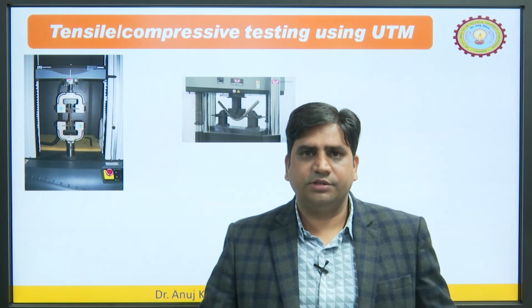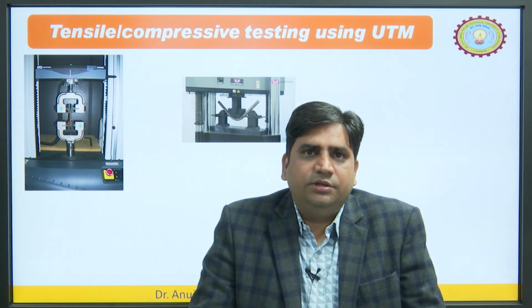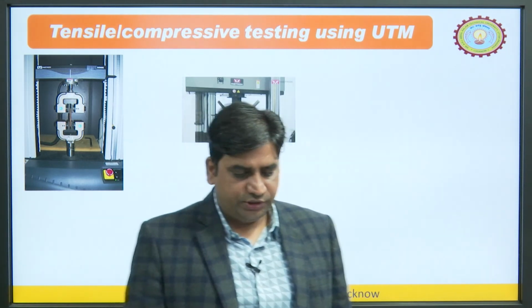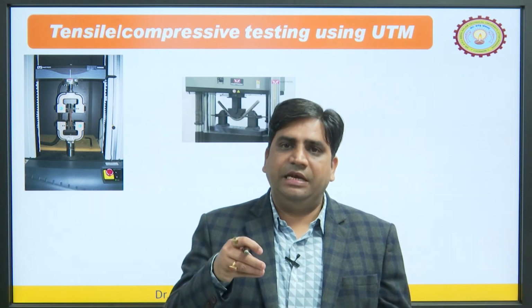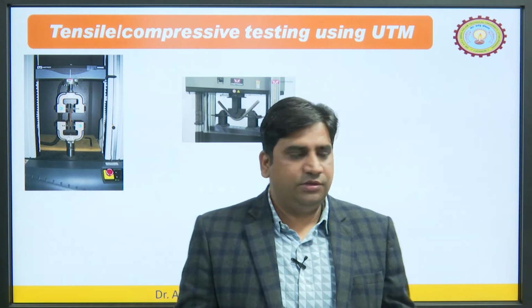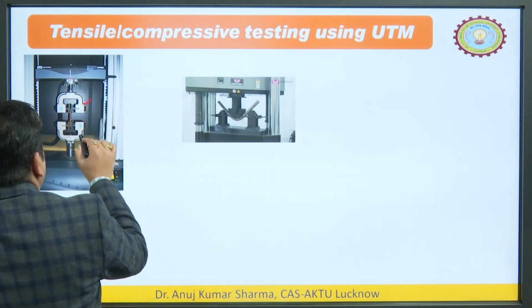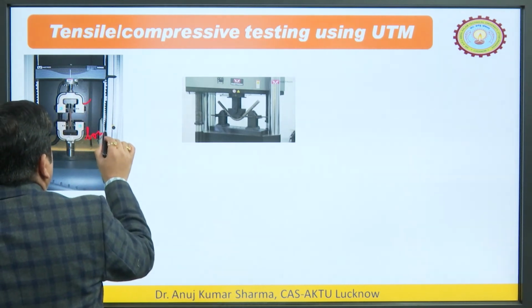Also, we will discuss in the third lecture the tensile testing using the UTM machine. I will try to explain this. UTM means universal testing machine, in which you can stretch the element. This is the upper jaw, this is the lower jaw.